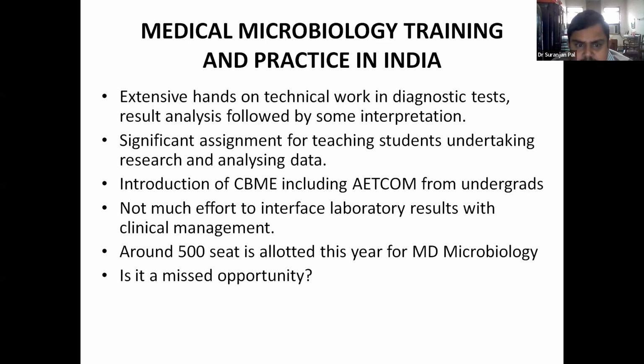Still, there is not much effort to interface the laboratory result with the clinical management, but they are starting this. The competency-based medical education program was started last year. So we hope there will be more clinically oriented students and microbiologically oriented interns or residents in the near future.